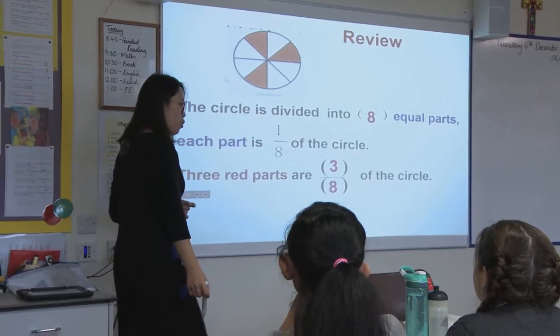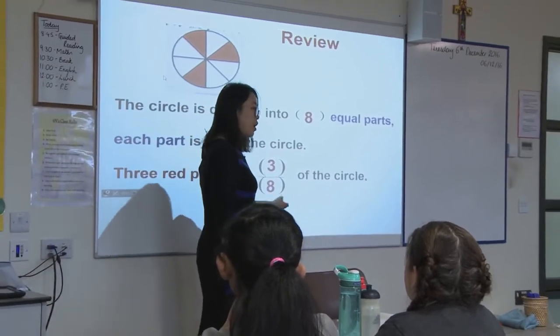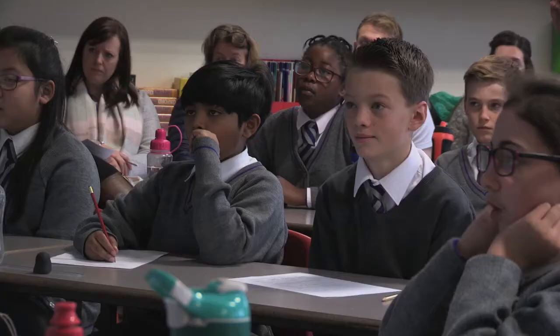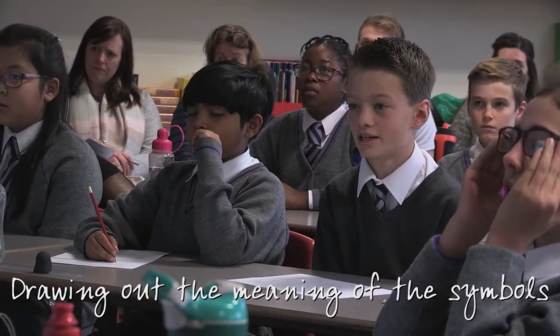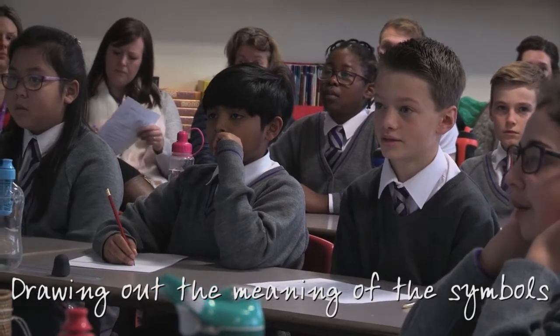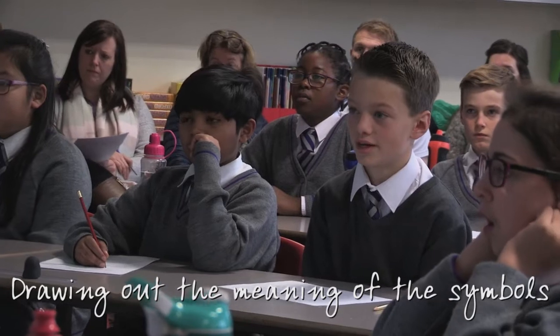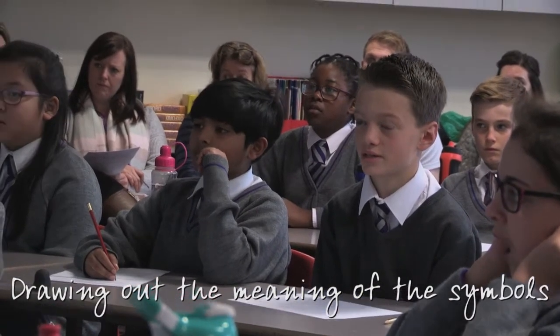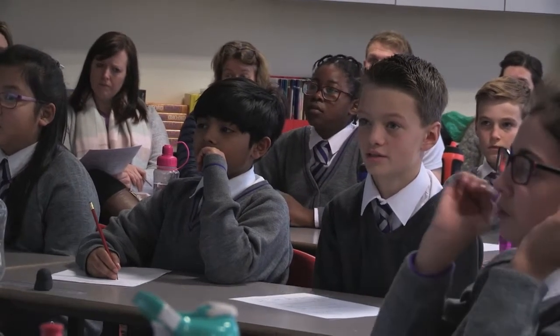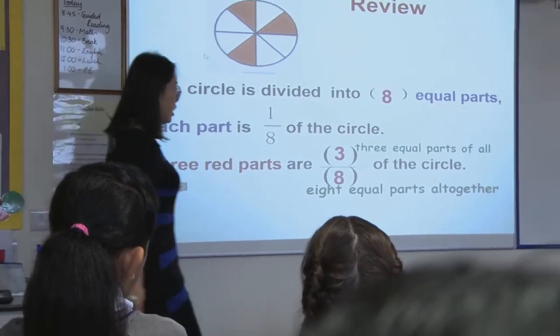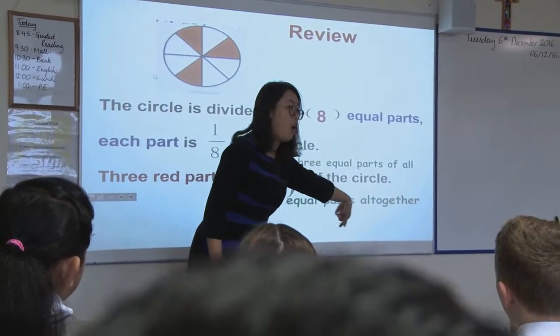Okay, so what do the numbers 3 and 8 mean? 8 is the denominator, and it's how many parts the circle is divided into. And 3 is the number that are shaded. Shaded are 3 equal parts of all, right?